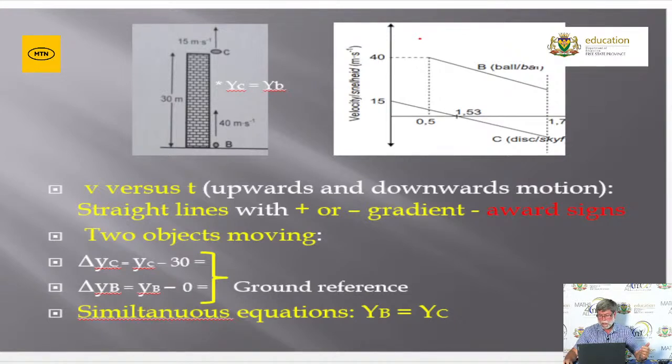A velocity-time graph will always be a straight line graph with a gradient or without a gradient, but in vertical projectile motion it will have a gradient, and very important, the value of that gradient must always be 9.8 in magnitude. So if 2 balls are being thrown upwards or downwards, you will see the gradients of both objects must be parallel to each other because the acceleration is the same.